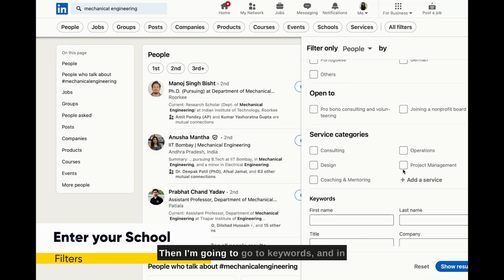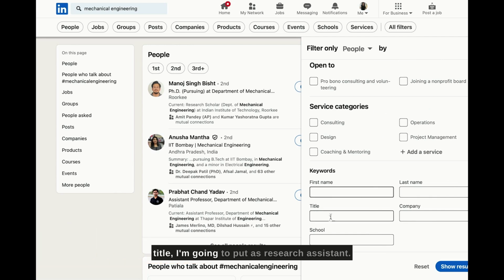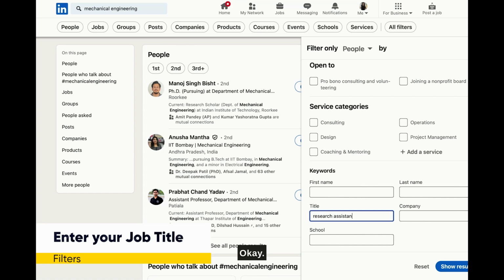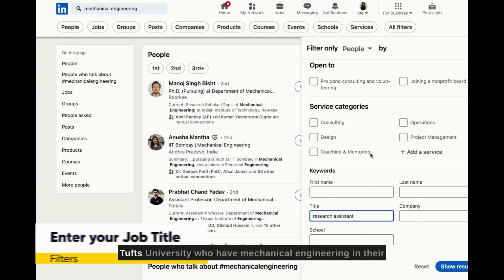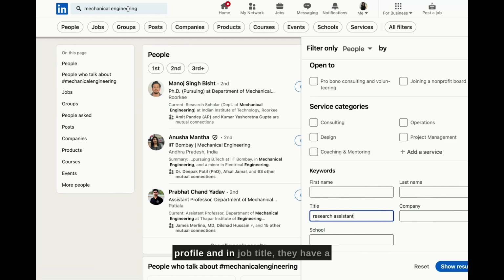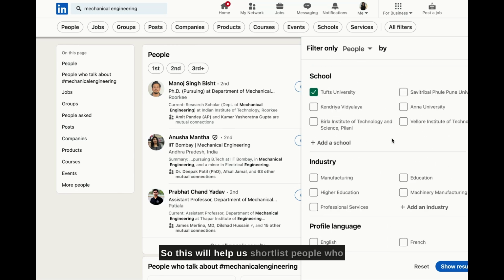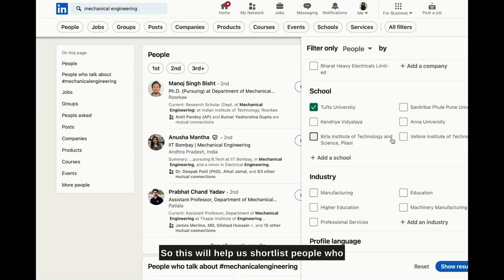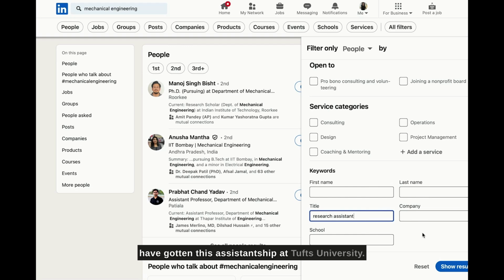Then I'm going to go to keywords, and in title I'm going to put research assistant. What this helps us do is find people from Tufts University who have mechanical engineering in their profile, and in job title they have research assistant as their position. So this will help us shortlist people who have gotten this assistantship at Tufts University.